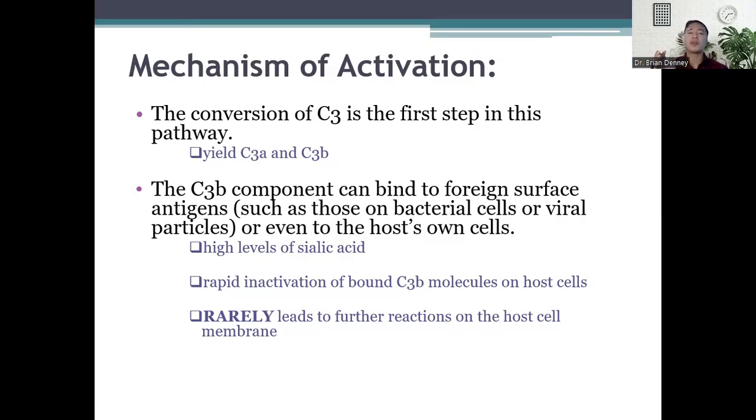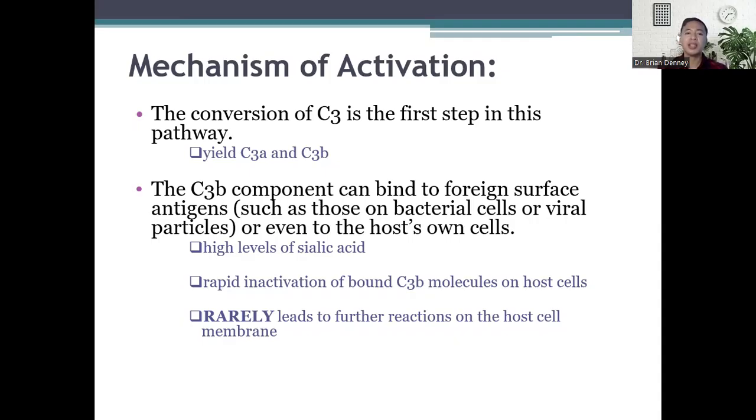So supposing you have many C3b molecules that were produced by hydrolysis of your C3, some of these molecules will actually be bound to our own cells. But our own cells do not get lysed. Why? It's because we have this protective mechanism. Our cells have high levels of sialic acid. And this sialic acid causes inactivation of your C3b molecule.